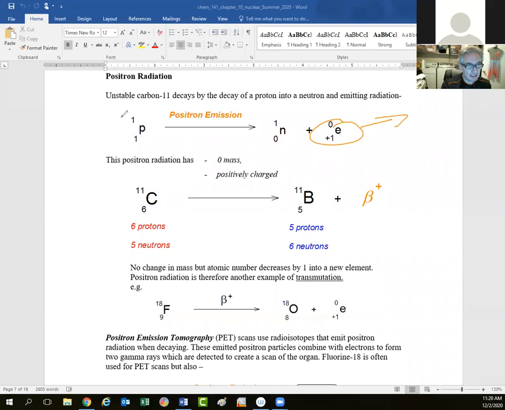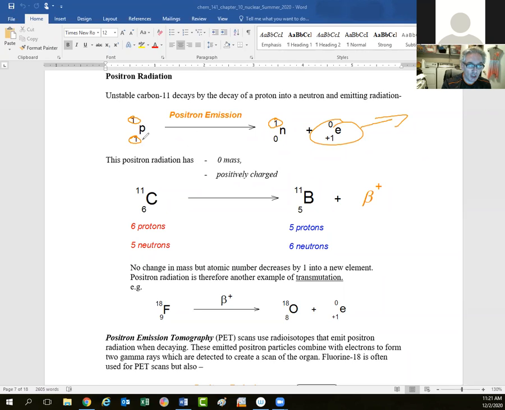So while we're losing a proton which had mass, we're gaining a neutron which also has mass. So with positron radiation, there's no change to the mass number. However, we are losing one of our protons, which counts towards the atomic number, and therefore counts towards the identity of the element.